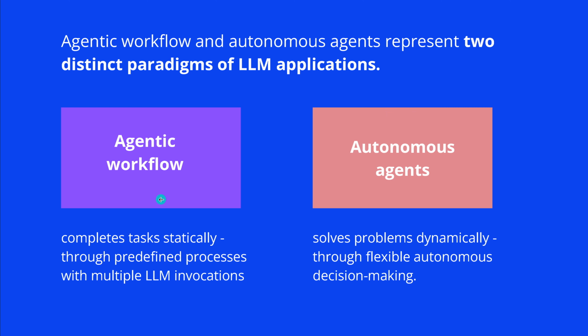They say an agentic workflow completes the tasks given statically, so through predefined processes with multiple LLM invocations. We built this as humans, no? However, autonomous agents, the authors argue, solve problems dynamically through flexible autonomous decision-making. And now the idea that they have is, hey, can we bring a little bit of this autonomous thing over to the workflow generation?